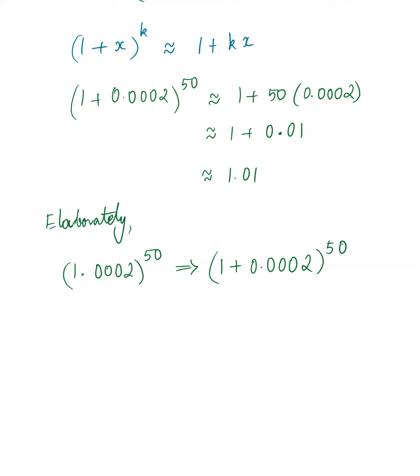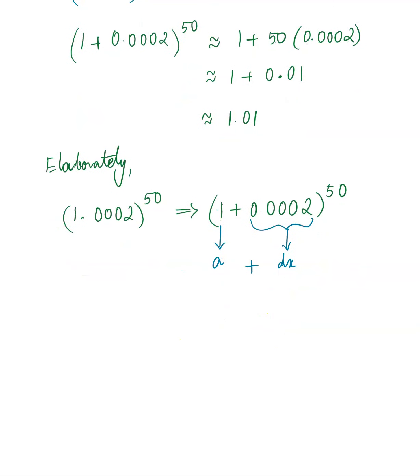So that means I can see this as a dx and this as an a. So this is like your a, and this whole thing is your dx. So a plus dx. Right? So we got that set up.